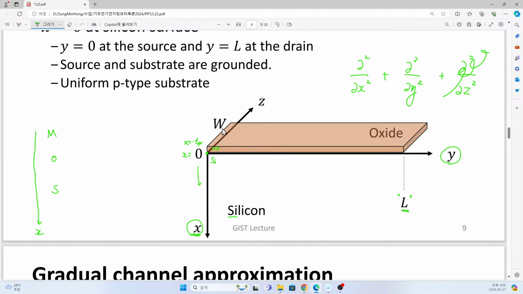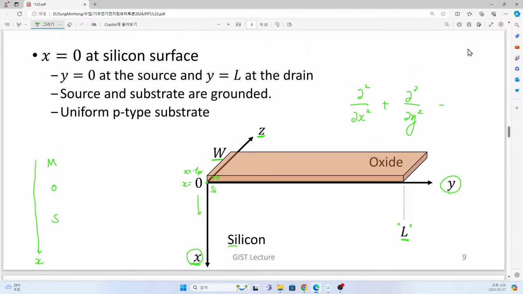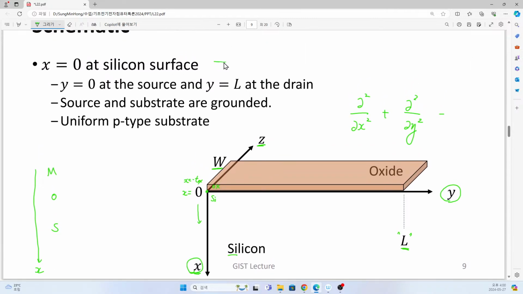However, in this case we assume uniformity along the z direction, so we can neglect this third direction. Okay, I have covered x equal to the silicon substrate, and 0 and L correspond to the source end. This is the source, and here now we have the drain.